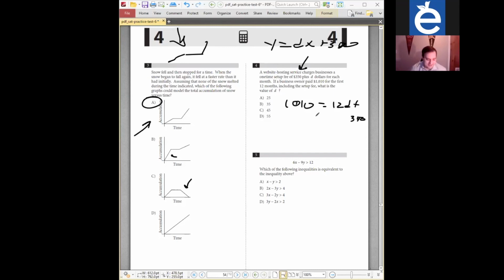So then 1010 minus 350 is going to be 660. Divide both sides by 12. So d is equal to 55. So that is our answer.